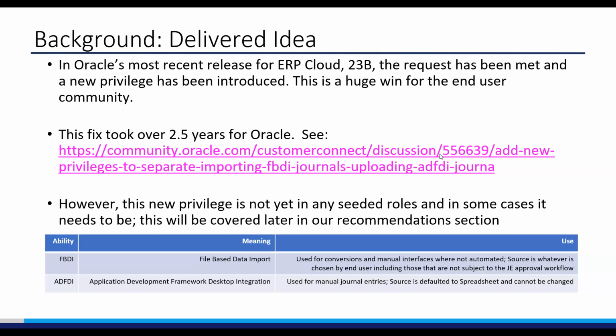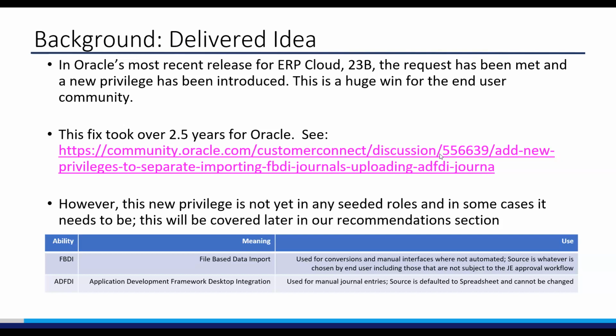I'll go back to the slides here in a second, but the key point here is we need there to be separate privileges so that the post journal entry, the general ledger, doesn't give access to the import journals and the run import journals program. So effectively what it means is having access to this privilege prior to this change, you could determine whether or not you wanted to load a process via ADFDI, which would use the default source of spreadsheet.